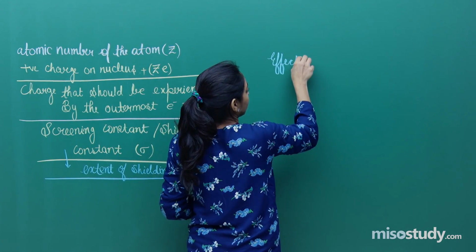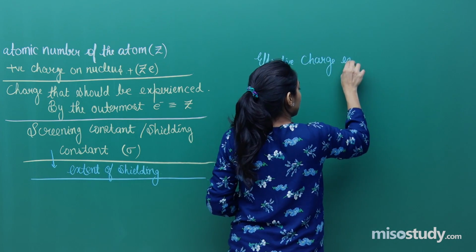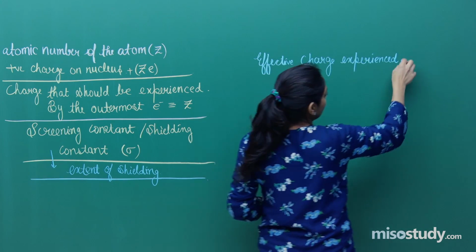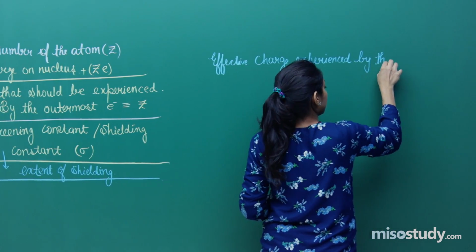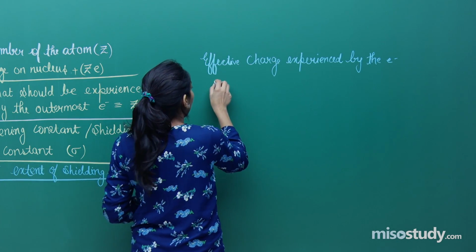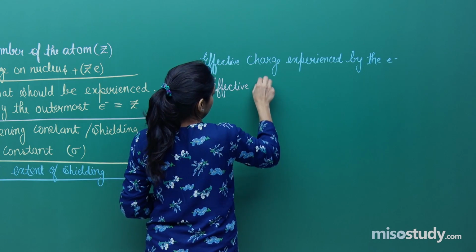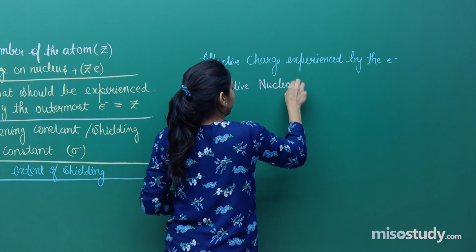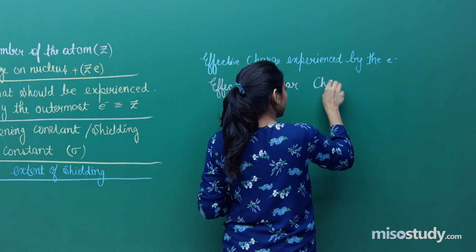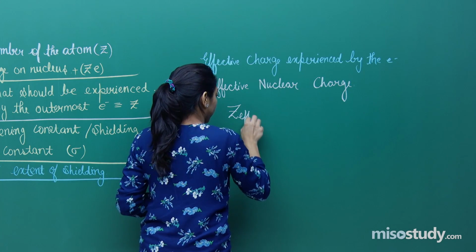So we call it the effective charge experienced by the electron. The effective charge experienced by the outermost electron is also known as the effective nuclear charge, and this can be written as Z effective.